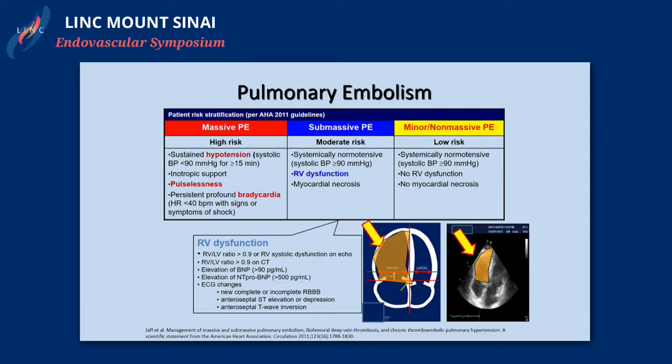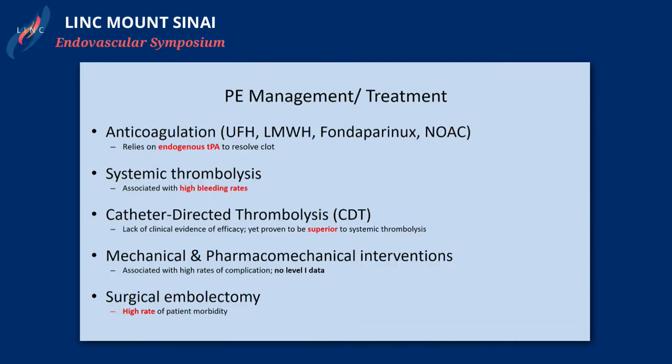Right now we're going to focus on mechanical interventions, mainly for the massive and submassive approach for patients with pulmonary embolism. If we look at an overall view of treatment, there's obviously anticoagulation, but it has its drawbacks because it relies on endogenous TPA to resolve the majority of the clot. Systemic thrombolysis is standard for a massive PE with hemodynamic collapse, but it typically has a higher bleeding rate than average.